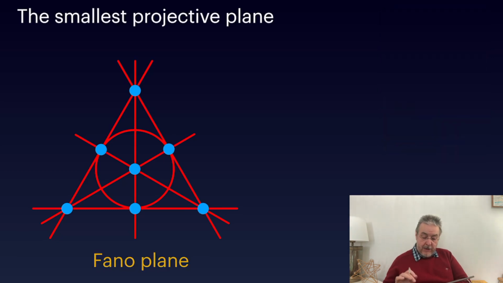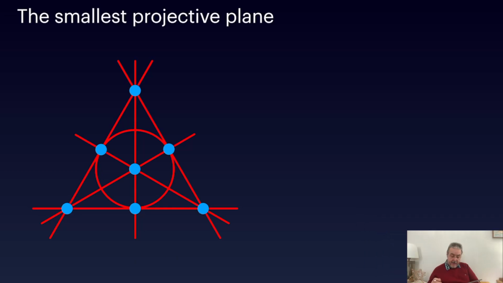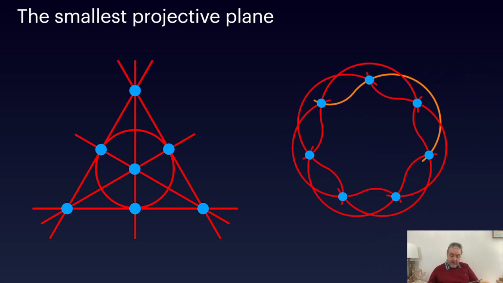So I want to give you another presentation, and believe it or not, the picture I've drawn here is again the same combinatorial structure as we had before. I tell you how to read it. Here you have our 7 points of the Fano plane, and 3 points are on a line if they are connected by one such curve.